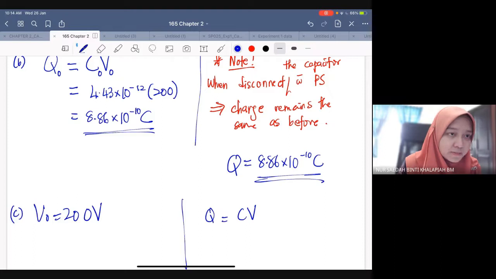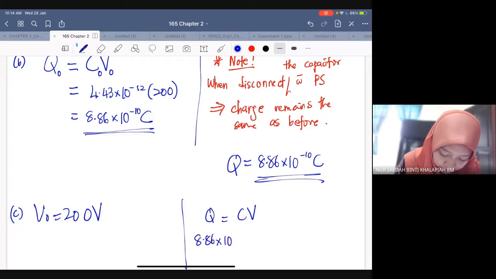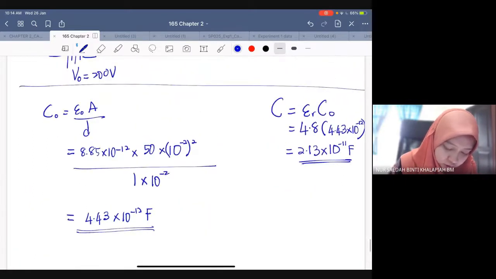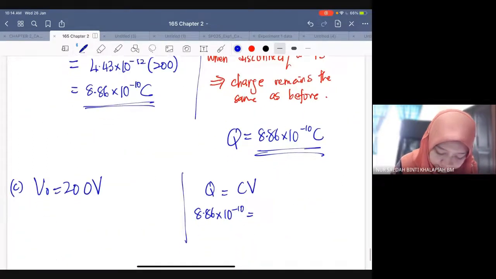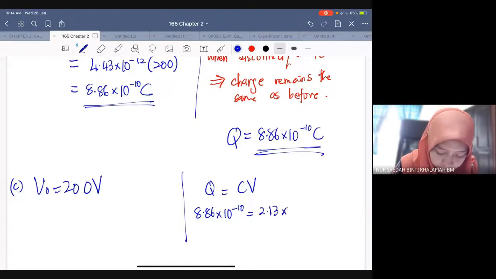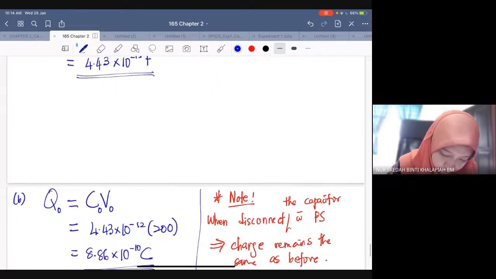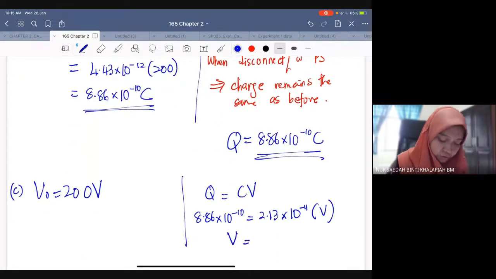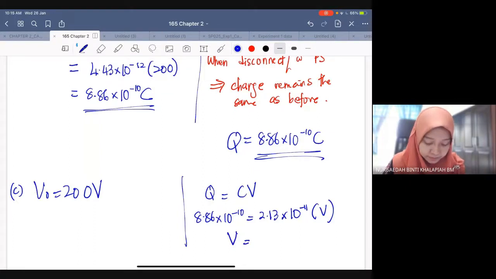Kita kena cari. Okay, so Q kita 8.86 eksponen negatif 10. C kita yang letak dielectrics 2.13 eksponen negatif 11. So dapatkan V untuk bila letak dielectrics. Berapa korang? Korang tekan kalkulator lah.